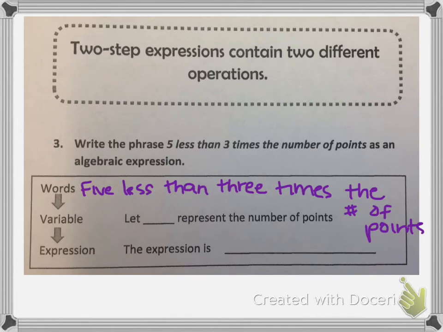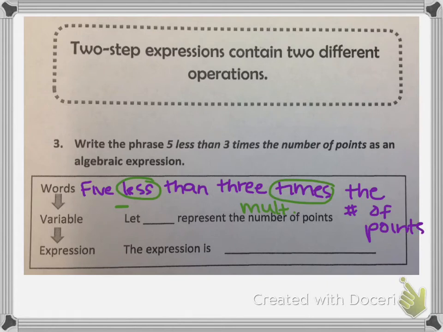So if I look at this, less means subtract, but this is a 2-step expression because there are 2 different operations. If I continue to read, it says 5 less than 3 times the number of points. Well, times is obviously multiplication. So I'm subtracting something and I'm multiplying something.